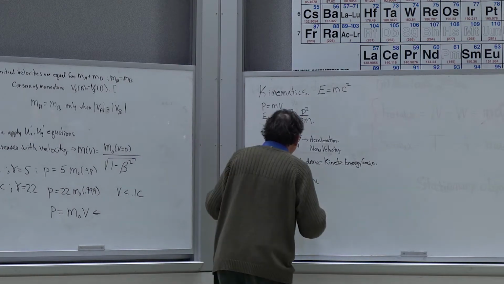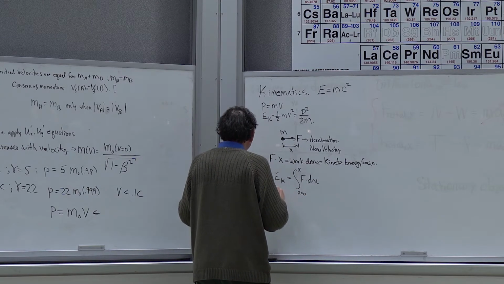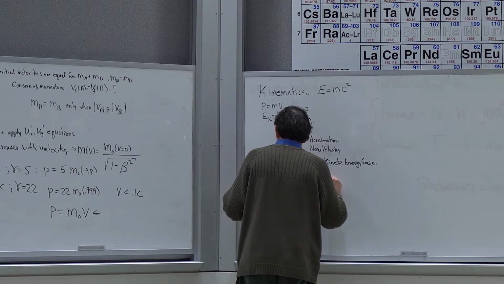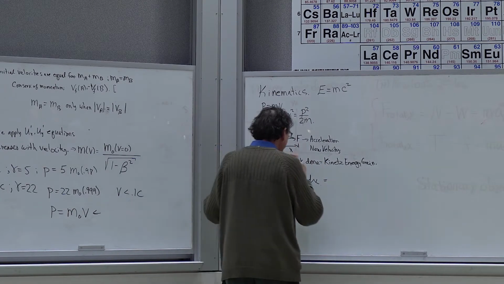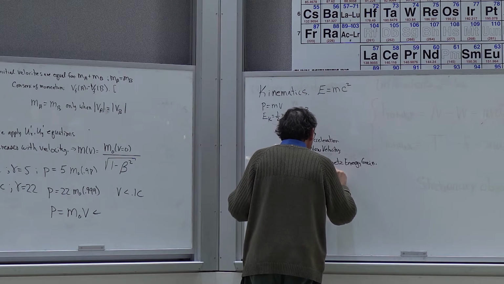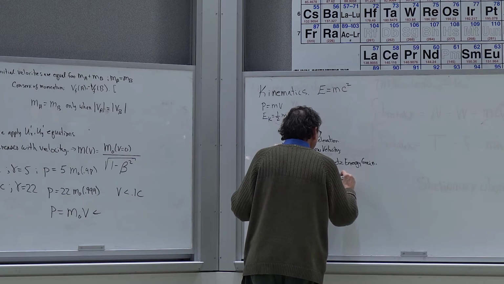And we are now going to replace the equation for force with the derivative of the momentum. So we're going to say that force is equal to the derivative of m times v.